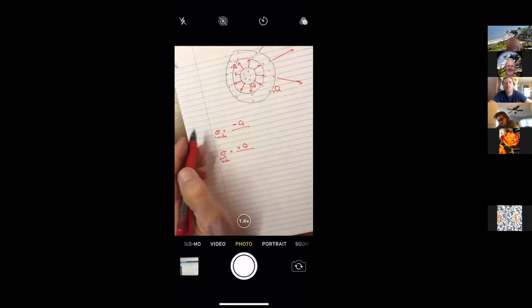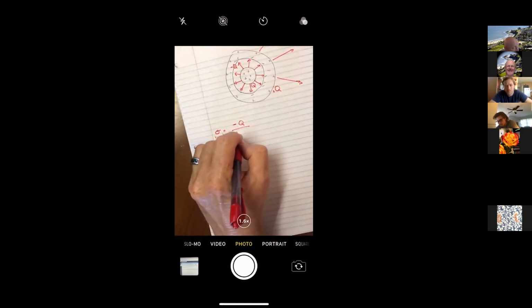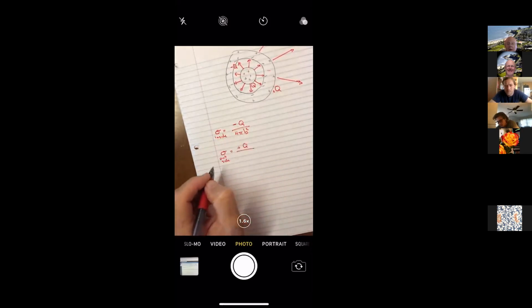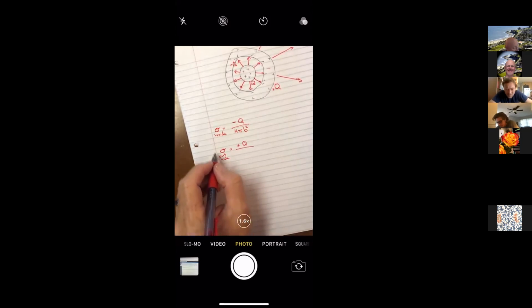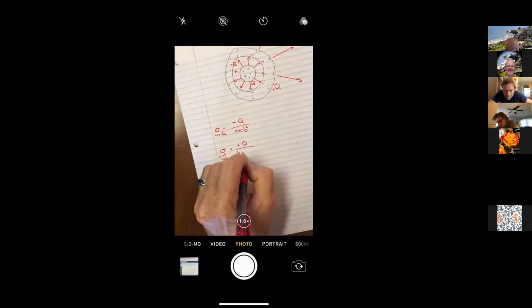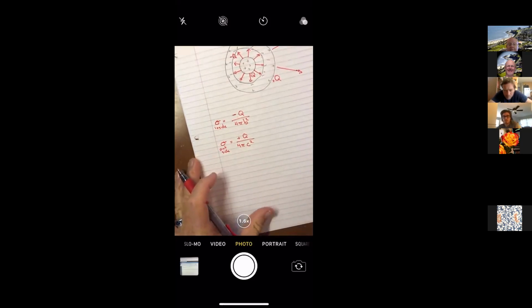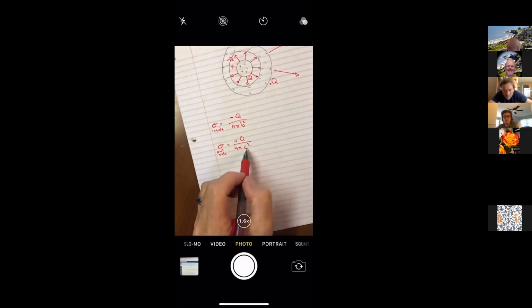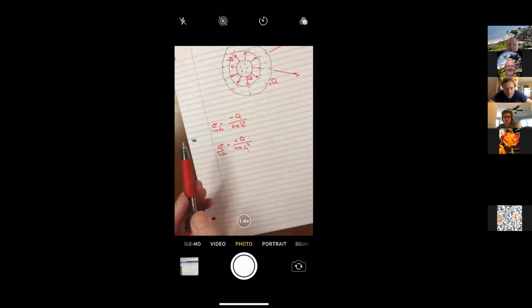Now, there would be a little difference because the surface area on the inside piece is 4 pi r squared, and the surface area on the outside piece would be 4 pi c squared. So there is a different radius for the inside piece and the outside piece.